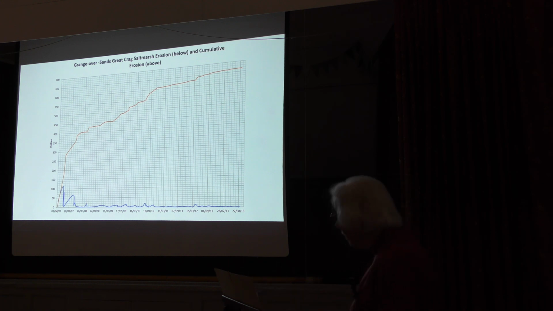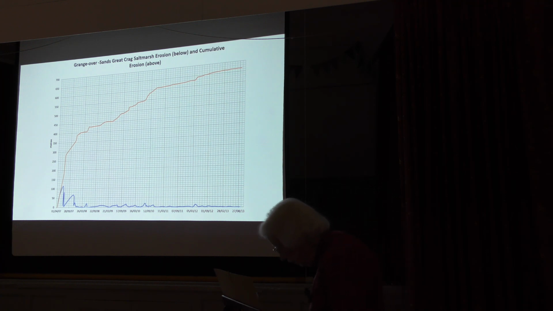So a very marked change then took place between 2006, when there was rapid erosion still affecting the Silverdale shore, to 2007, where rapid erosion began to affect the Grange Salt Marsh.